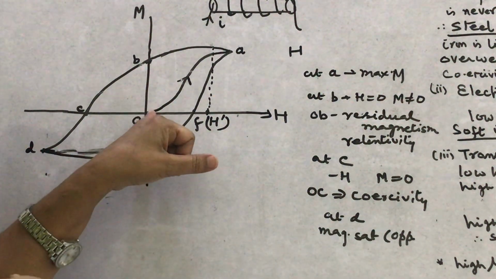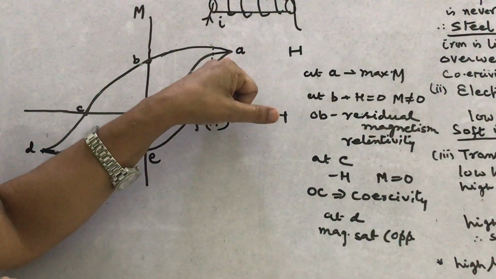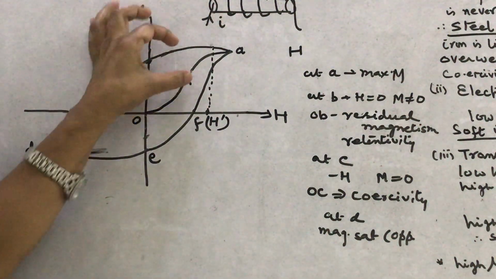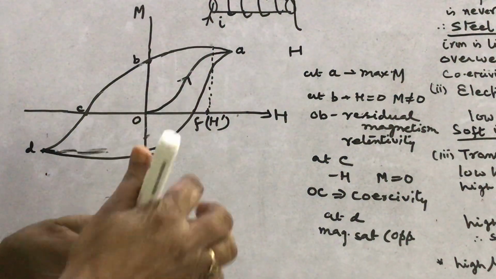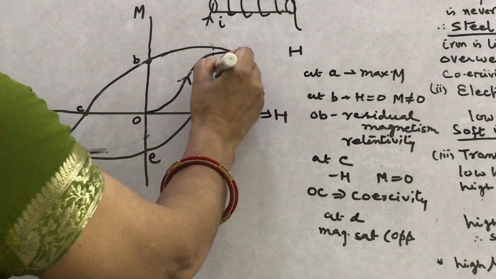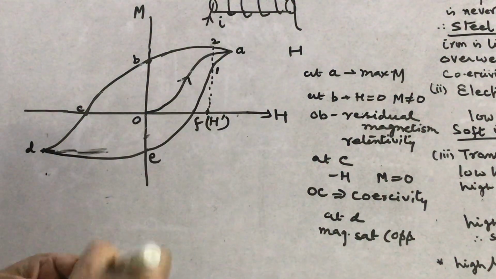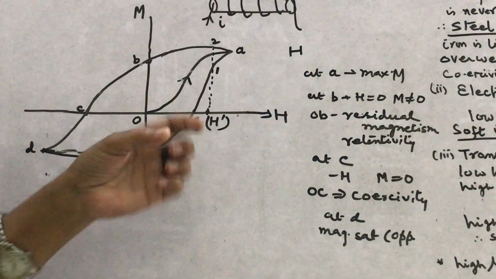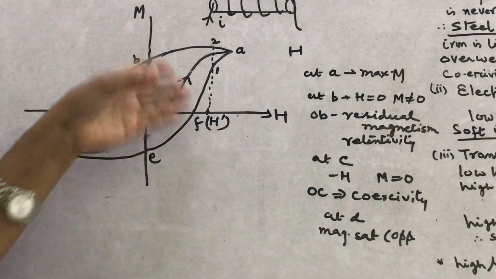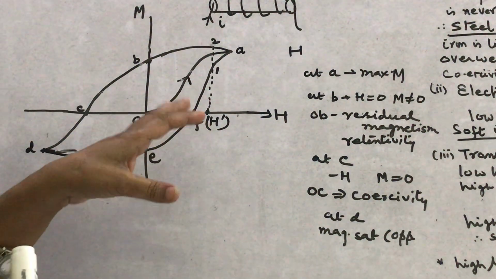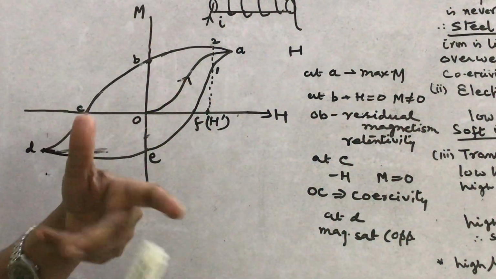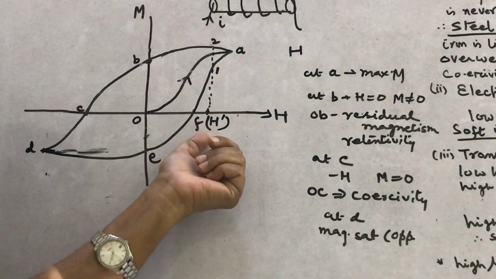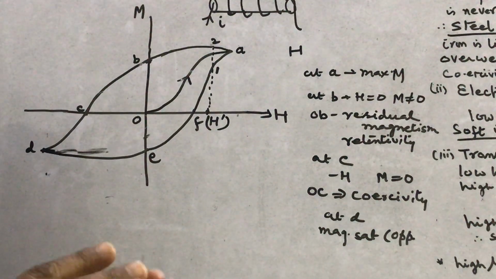Whether it is being magnetized or demagnetized, at what value you will consider. Here at points 1, 2, which value? There will be two values of magnetization corresponding to H dash. That's why H and M are not directly proportional, and M does not have a single, unique value for a single value of H.